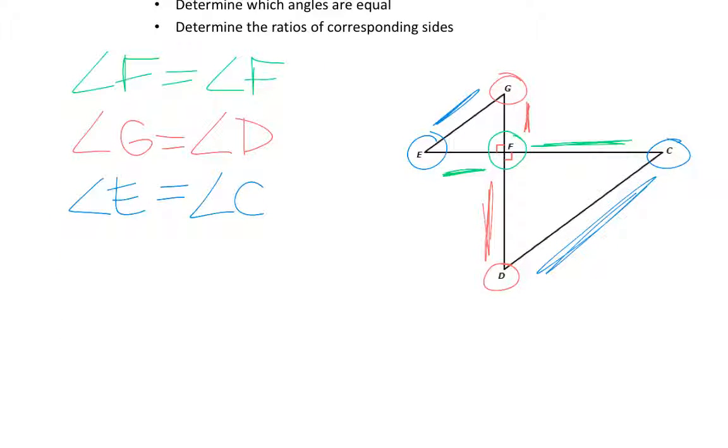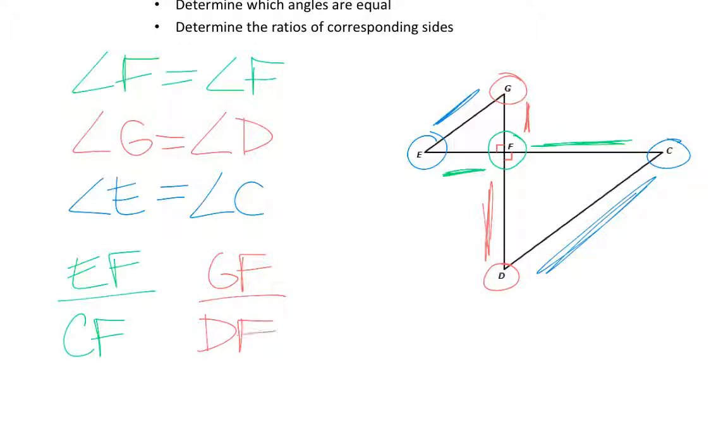So let's go ahead and write our ratios. Let's use these colors to help us. I'm going to start with side EF. So the ratio of side EF to side CF, because those are corresponding sides. Next, I'm going to take a look at side GF, and its corresponding side is DF.